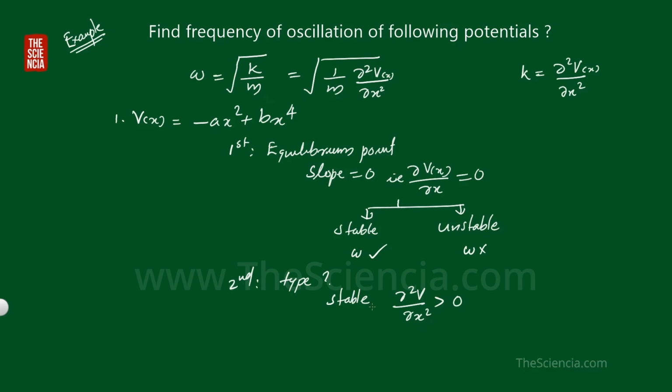So if it is a stable equilibrium point, then we can calculate omega is equal to root of 1 by m del squared V by del x squared. So we will get the frequency of oscillation. If it is unstable, then we cannot give a frequency of oscillation, because about an unstable equilibrium point, the particle cannot oscillate. So there will not be any frequency.